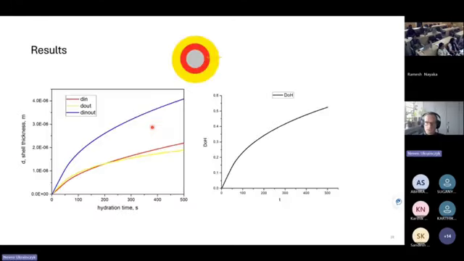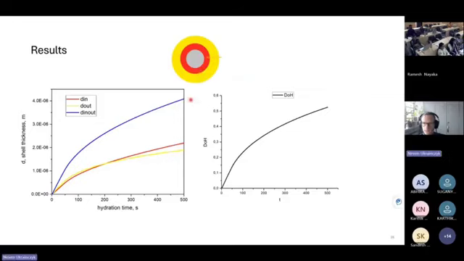And if you run this code, you will see this result, how the shell thickness evolves over hydration time. So we have the penetration thickness, the red part, how much of the cement is consumed, the outer shell thickness, and the total shell thickness, which is the sum of the inner and outer.